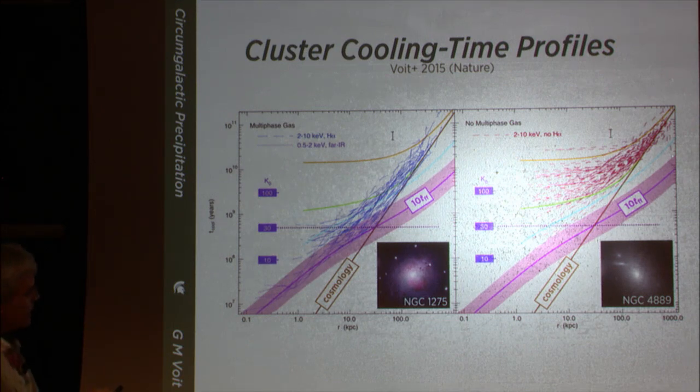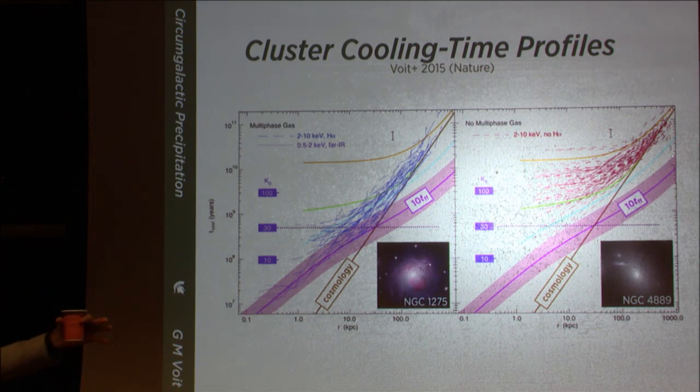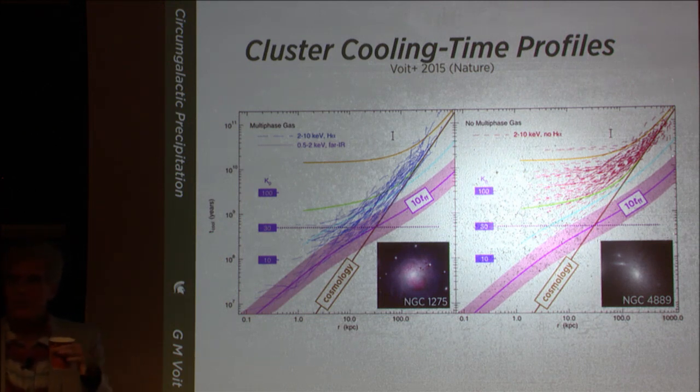But on the inside, you can see that the things that have short cooling times have a very distinct lower envelope. And this line is the line along which the cooling time would be 10 times the free fall time, where you calculate the free fall time by saying you have a large cosmological halo with an NFW profile, and a central galaxy that's a singular isothermal sphere at the center.